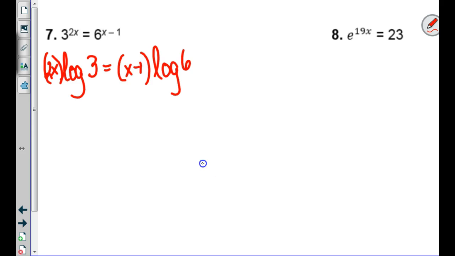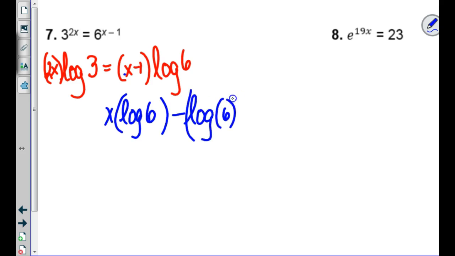I think we should change to decimals. Do you want to see how you would have to solve this exactly? Well, if you distributed this over here, you'd have the log of 6 times x minus the log of 6.